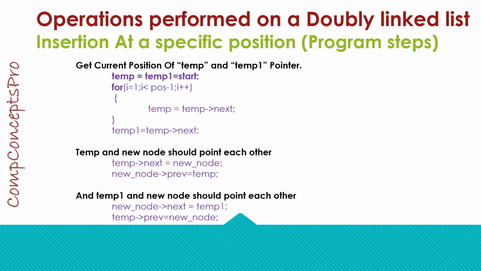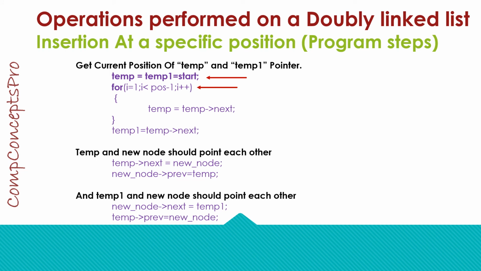So these are the C++ program statements to carry out the same. First, we'll declare the temporary pointers temp and temp1 and assign them the same value as start. Next, we'll traverse up to the desired position with the help of this for loop.